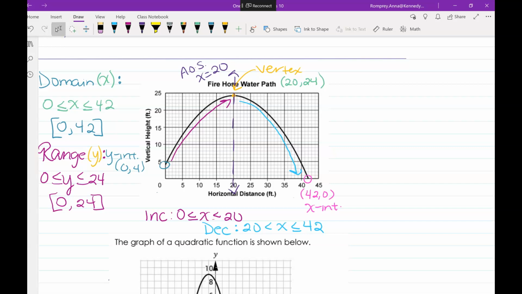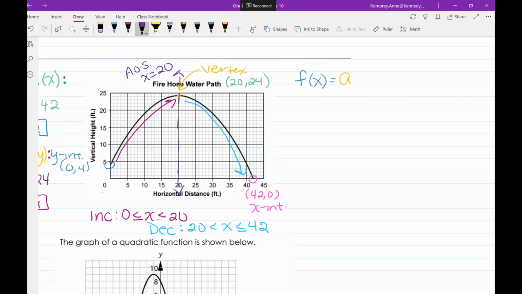So the easiest way is to use vertex form. Wait, what? Yeah, vertex form. You'll remember. That's where f of x equals a times (x minus h) squared plus k.